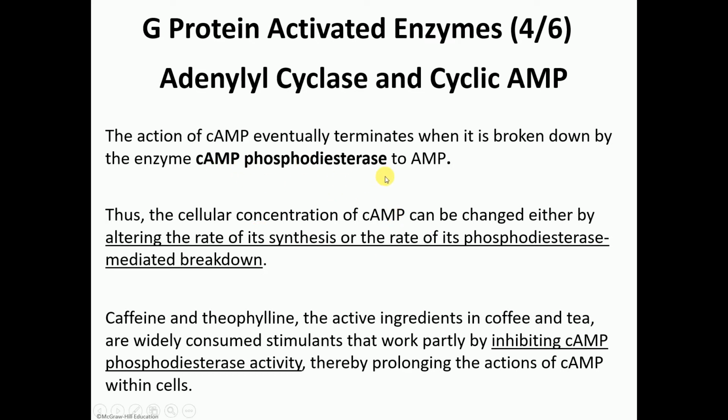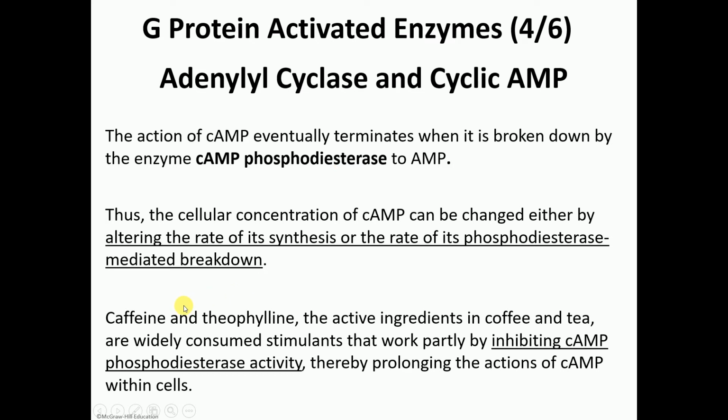It will break it down into AMP, or adenosine monophosphate. So the cell has the ability to either make cAMP through the activation of adenylate cyclase enzyme, and it also has the ability to break down cAMP using the enzyme cAMP phosphodiesterase.